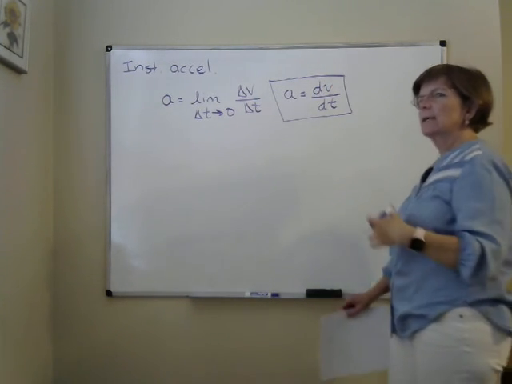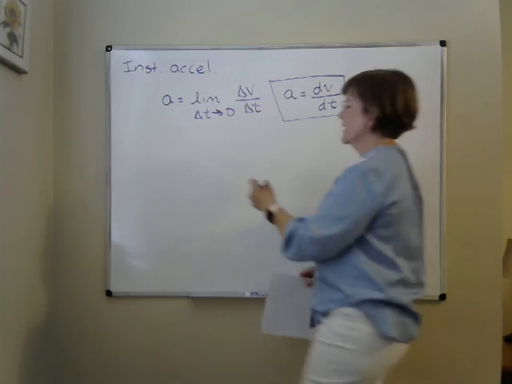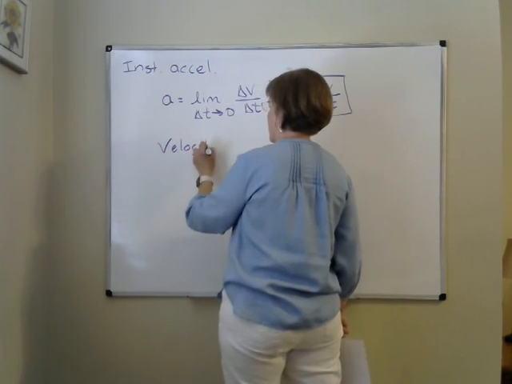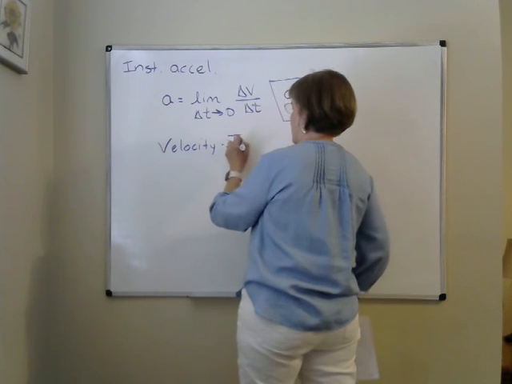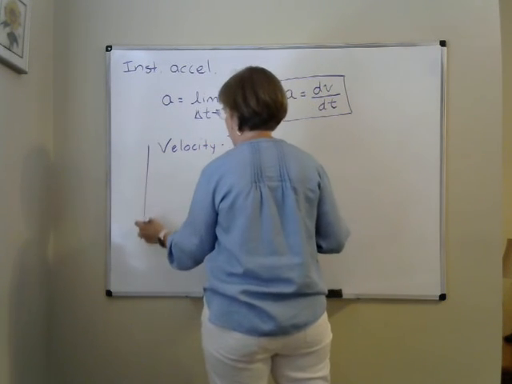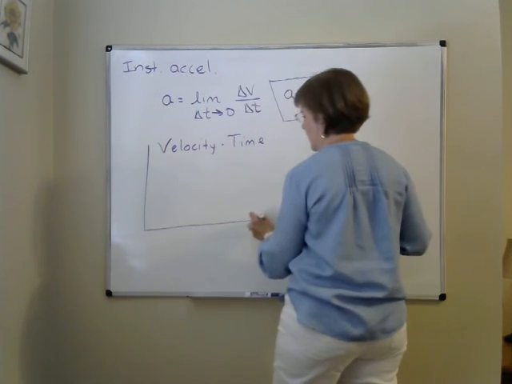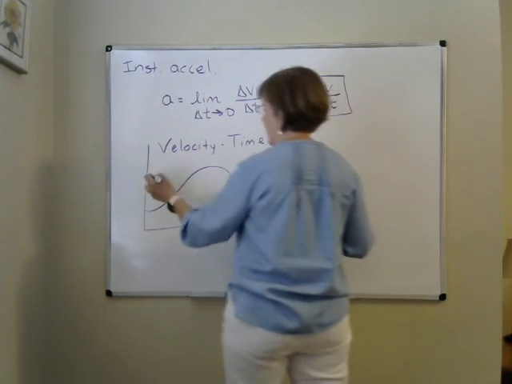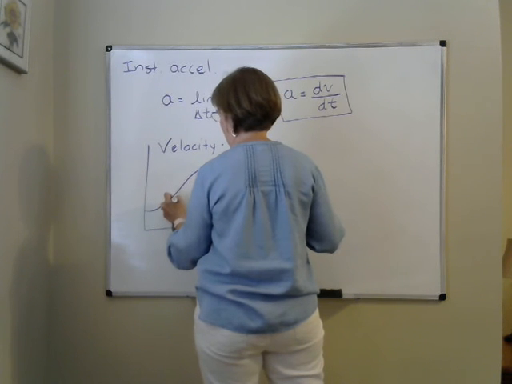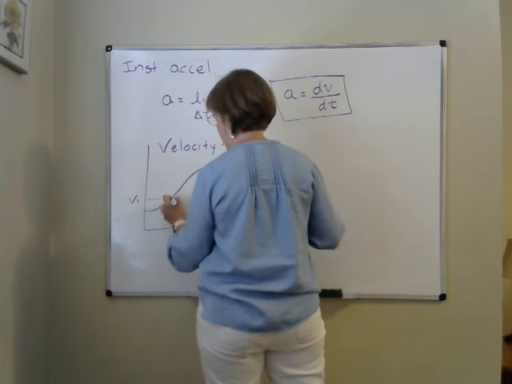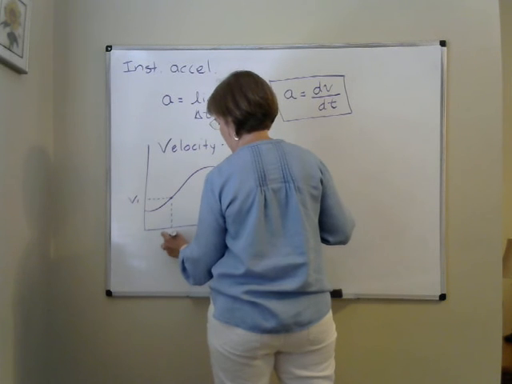When we look at velocity-time graphs, we'll just make it look something like this. That's the first velocity, that's the first time.